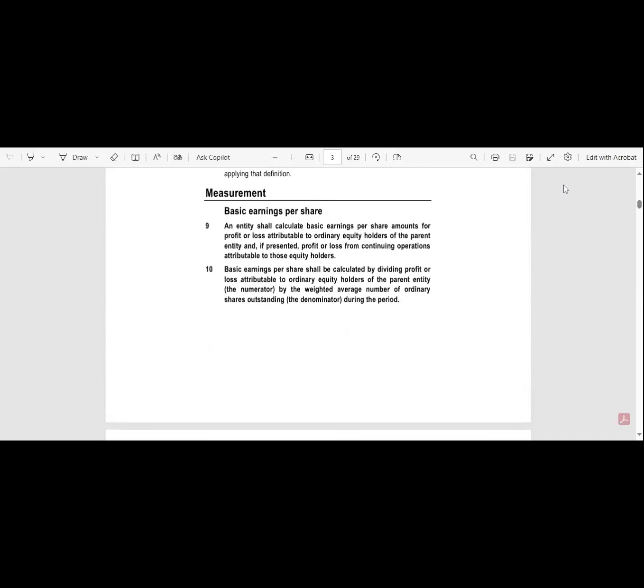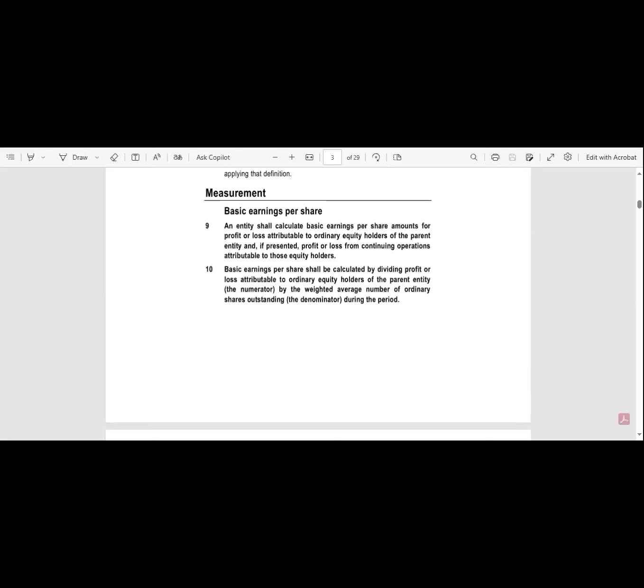Here the measurement is given, that is, how we measure the earning per share and put it into the different financial statements. For this, the guideline is given: the entity shall calculate the basic earning per share amount for the profit or loss attributable to ordinary equity holders of the parent entity, and if presented, profit or loss from continuing operations attributable to those equity holders.